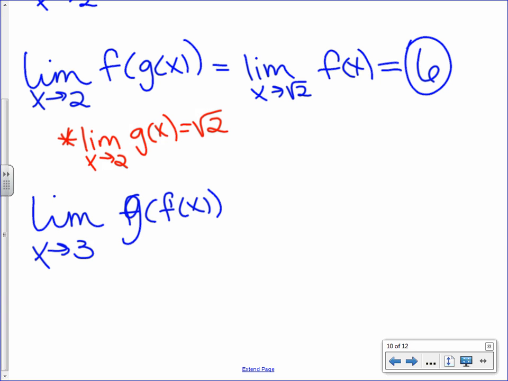I had trouble writing it, sorry. Is that g of x? Yes. I need to at least see one step. I can't just have an answer. I need at least one step here. This is the one step I would need to see right here.